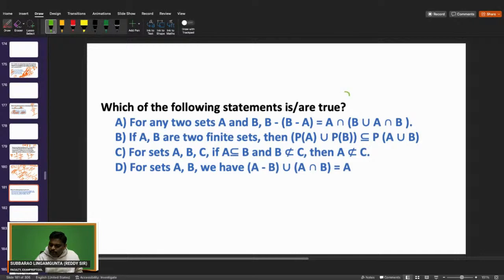Which one of the following is true? Check, everyone.